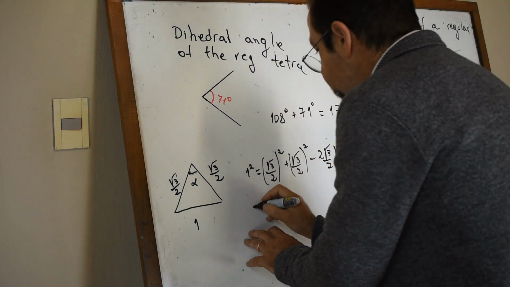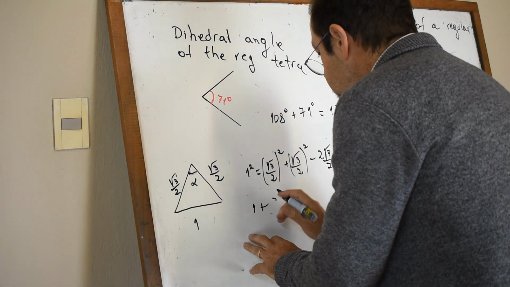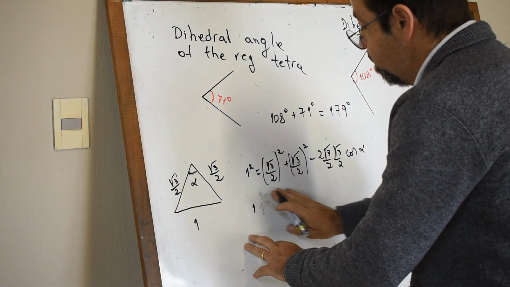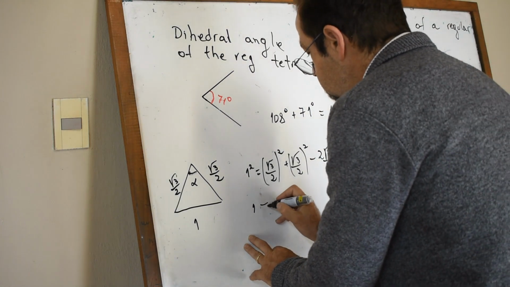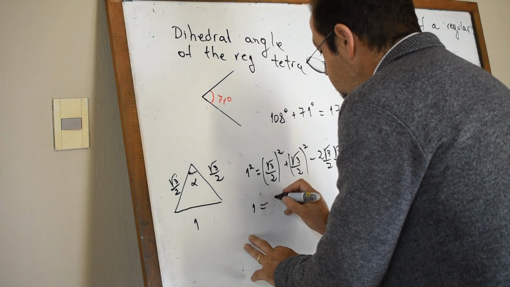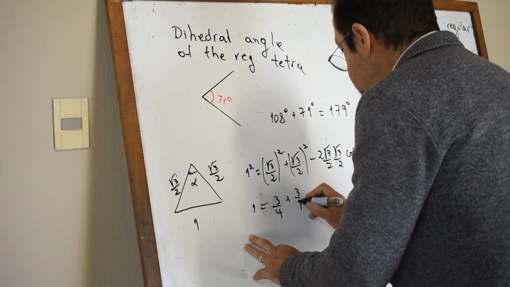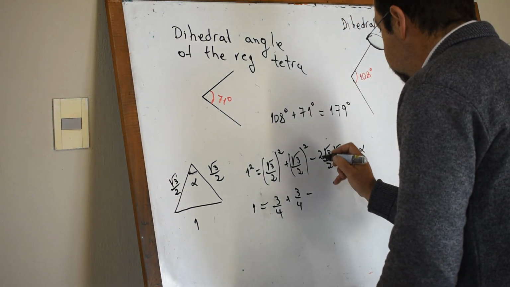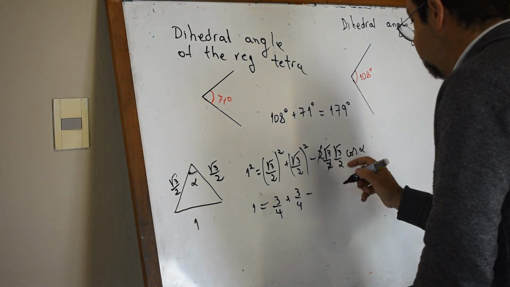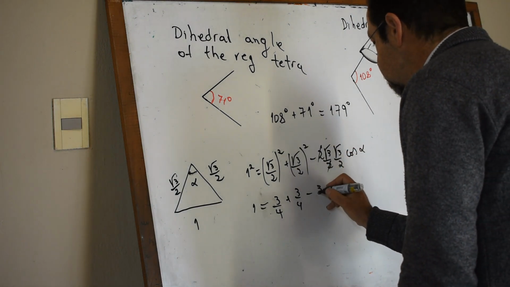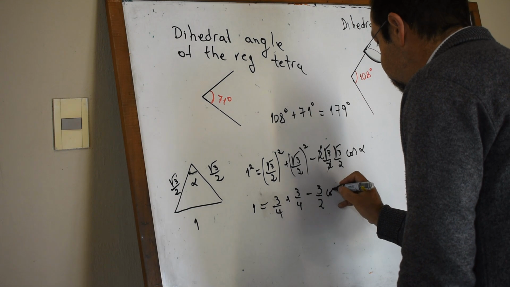This is 1 equals 3 fourths plus 3 fourths, minus 3 halves cosine alpha.